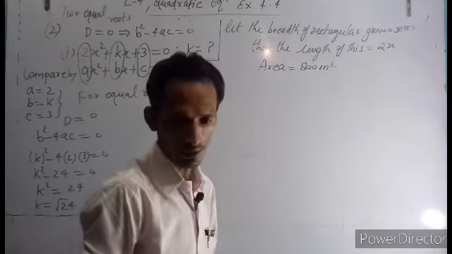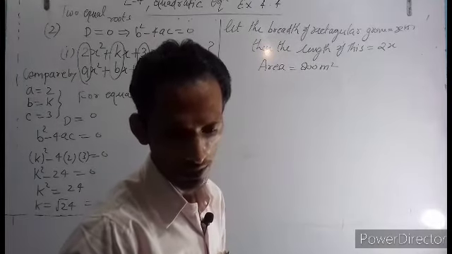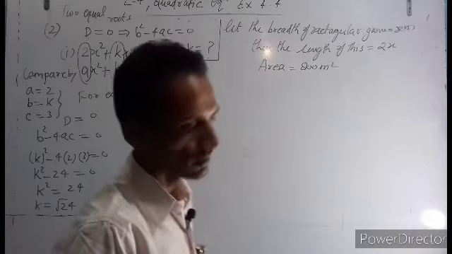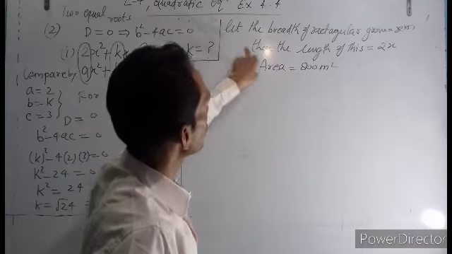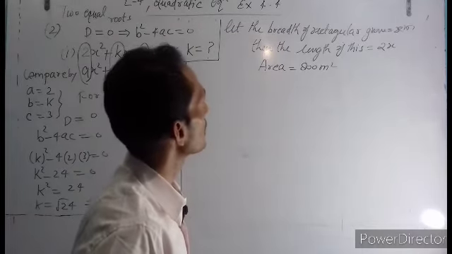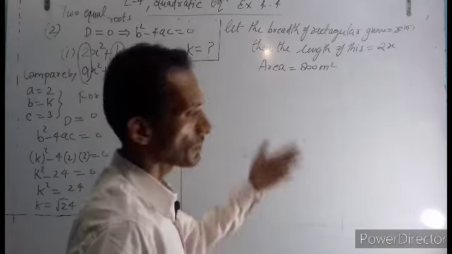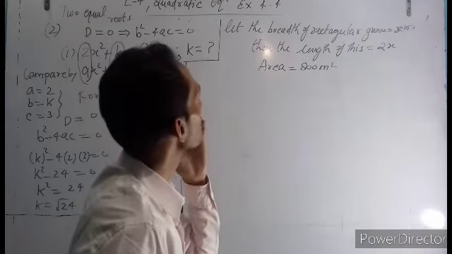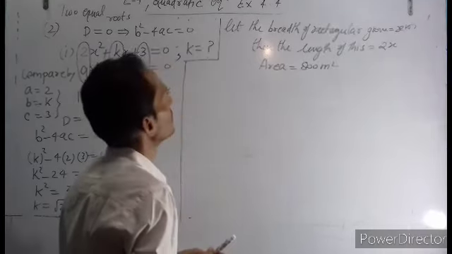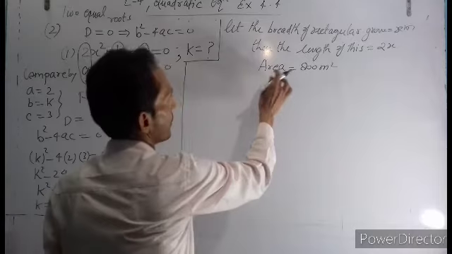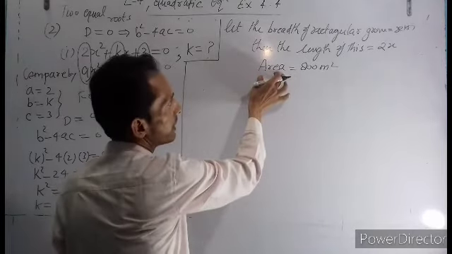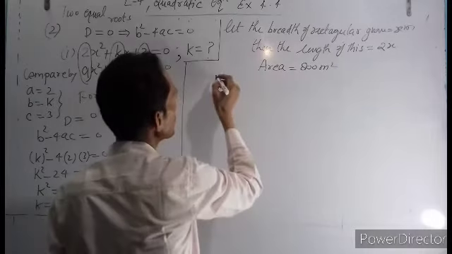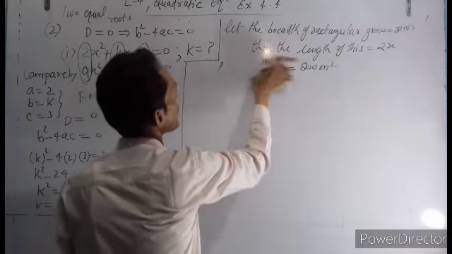To find the length, and if so, find its length and width. If so means if this condition is followed, then what will be the length and breadth of this rectangular grove? So we have to find out the length and breadth of the rectangular grove. How can we find? So according to the question, what is the area of a rectangle?